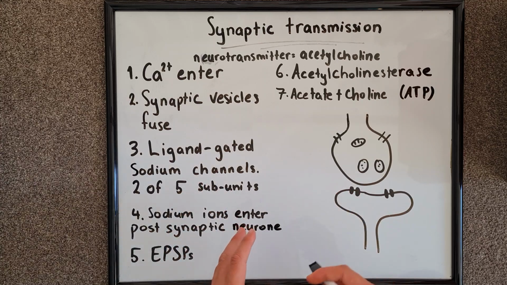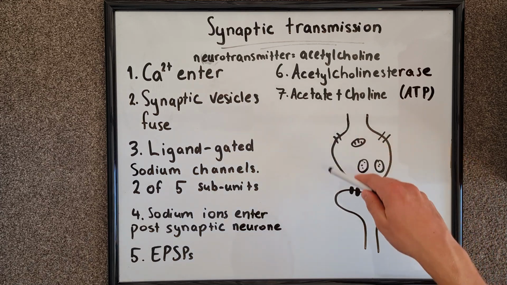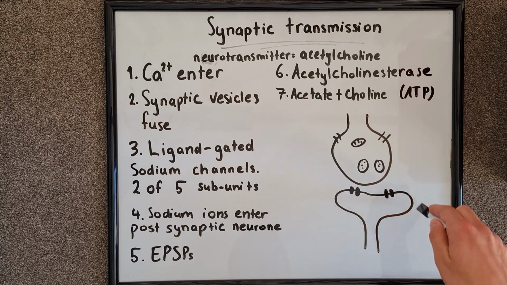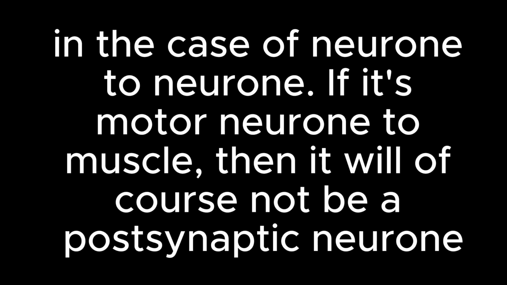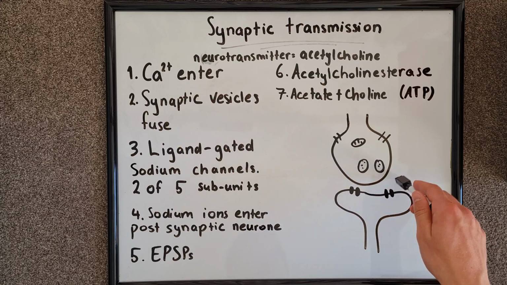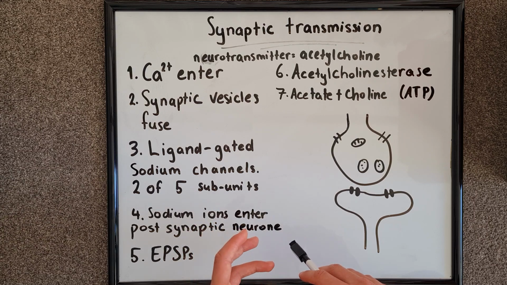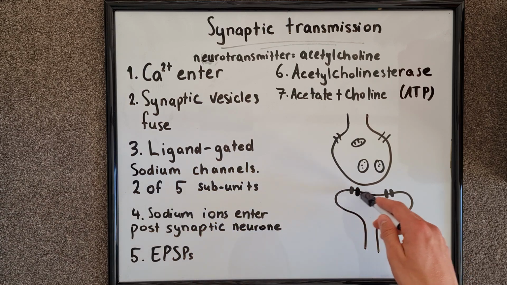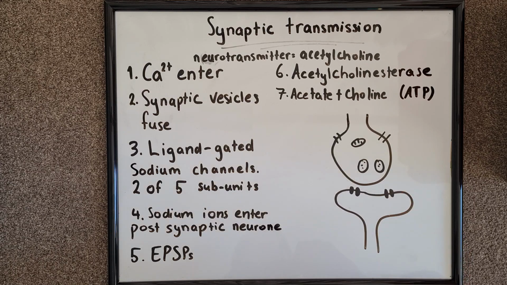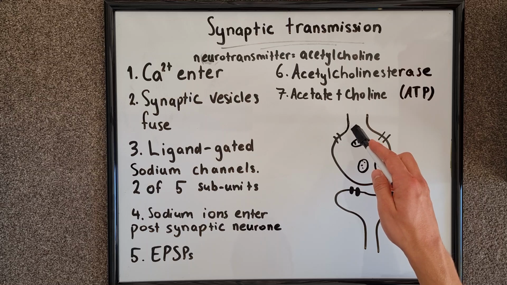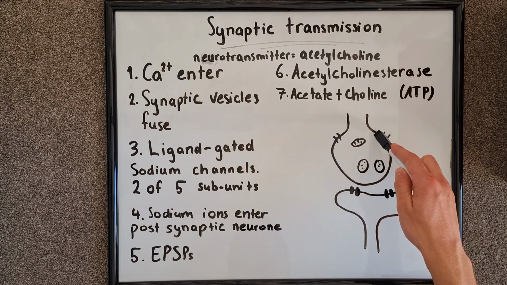Now, in the synapse, we have three main features. We have the presynaptic neuron, we have the postsynaptic neuron, and the space in between them, which is about 20 to 30 nanometers wide, is called the synaptic cleft. Now, in the presynaptic neuron, we have the presynaptic membrane.